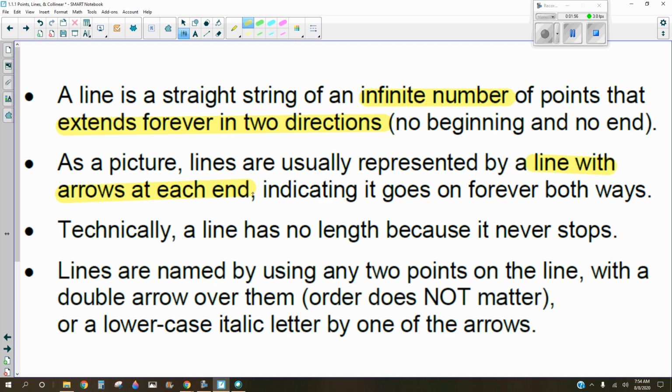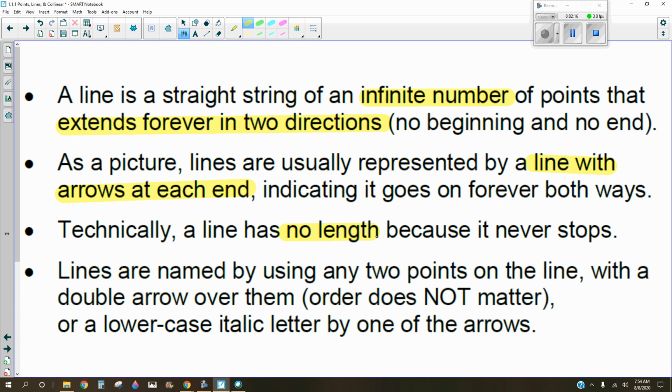So technically a line has no length. Because it never stops, we can't measure it, right? If you keep flying in outer space and you never stop, I don't know how far you've gone because you're always adding more distance. So technically a line has no length.